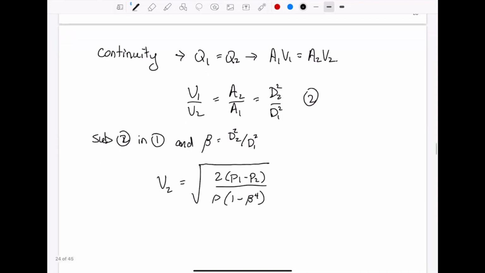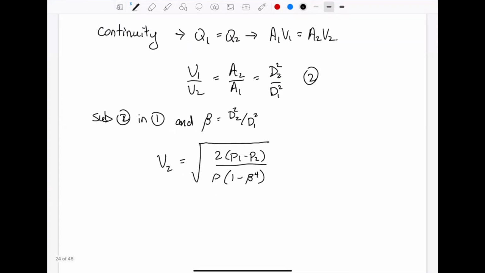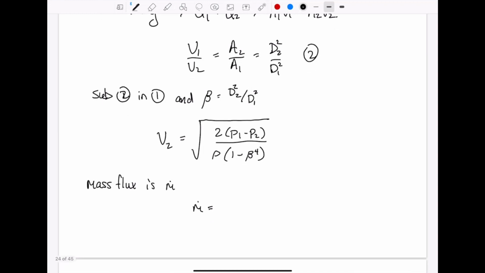So this is the velocity at point 2. And then the mass flux is m dot. And m dot, our mass flow rate, is equal to the density times the area cross section times the velocity at that cross section.